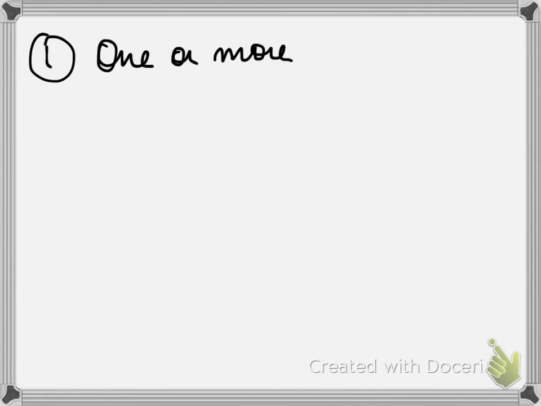So what are these extensions? The first extension that we are going to look at is one or more instance. We have seen in the Kleene closure, the star means 0 or more repetitions.